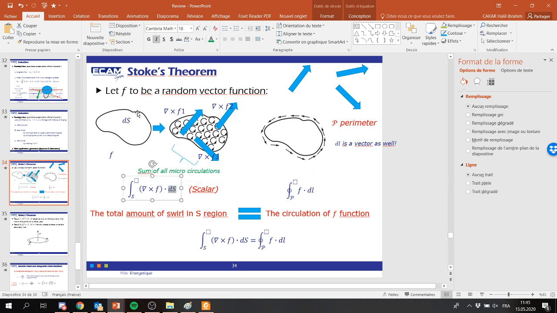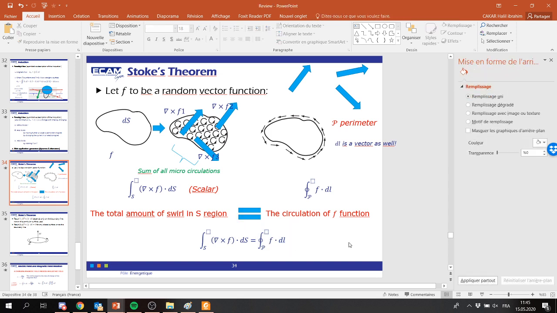Here, pay attention, it's by the surface, it's the length vector. If this is clear, because this will give the same thing we will obtain here mathematically. And pay attention here, f is the same function, the water flow function. So mathematically, this is called the Stokes theorem, my dear friends.